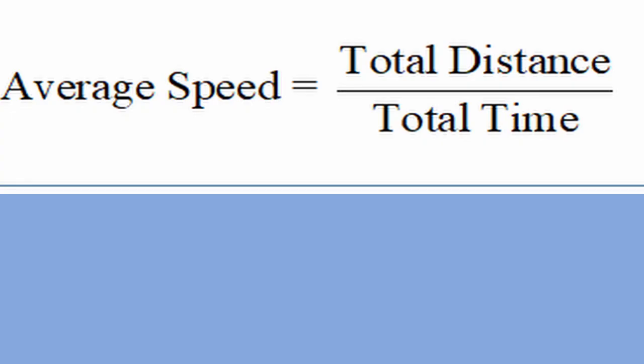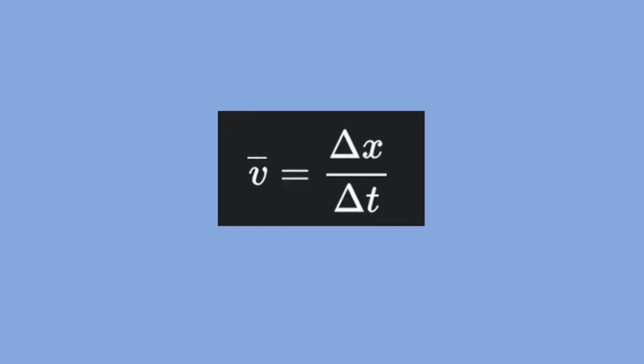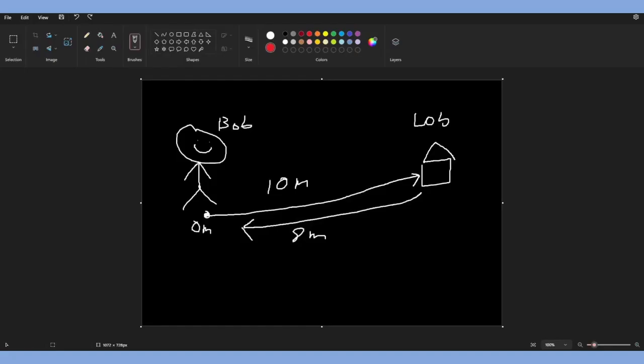Now to calculate average speed, we have this formula: total distance divided by total time, or simply this. For average velocity, we have this, which is the displacement over time. So let's say that hypothetically the time is 9 seconds for this whole scenario.